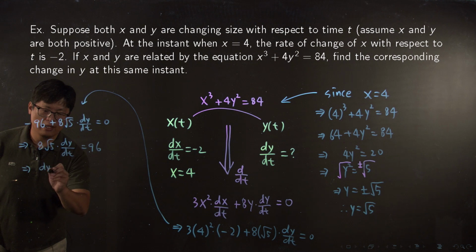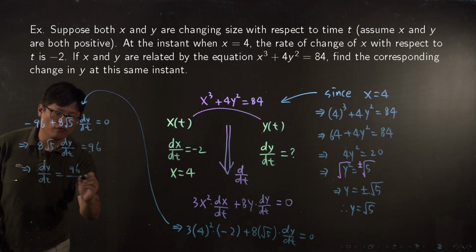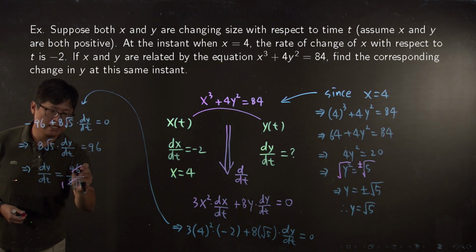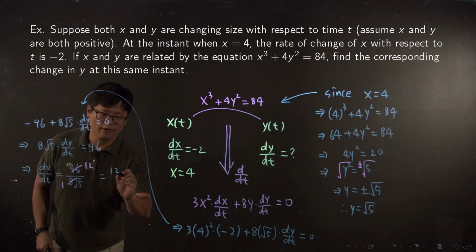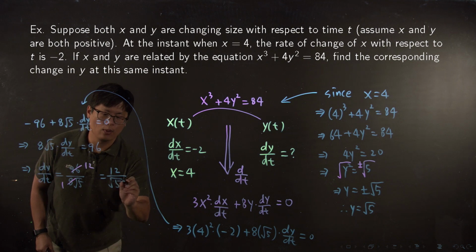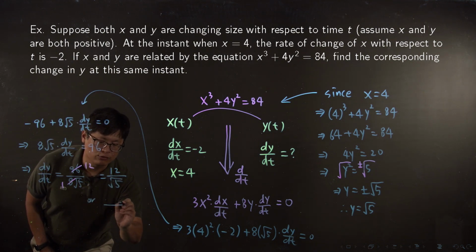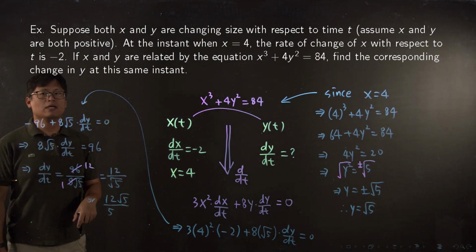Then dy dt is equal to 96 over 8 square root of 5. Then we can just simply cancel out these guys, okay? So your answer is 12 over the square root of 5. Or if you want the rationalized denominator, then you can do it this way: 12 square root of 5 over 5. I just multiplied square root of 5 over square root of 5, okay?